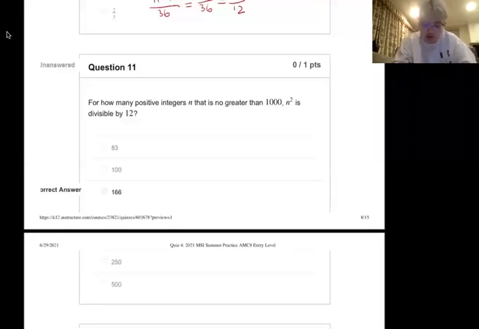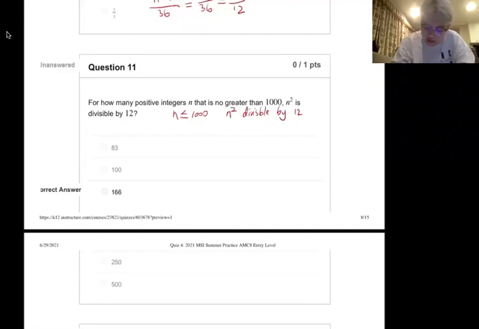Question 11. For how many positive integers n that is no greater than 1000 is n squared divisible by 12? So n is smaller or equal to 1000 and n squared is divisible by 12.